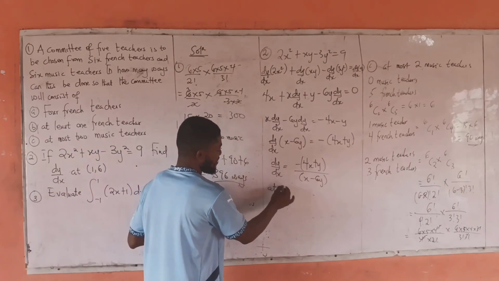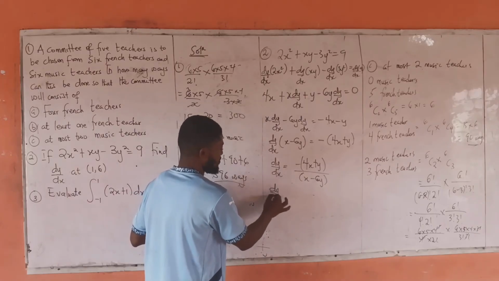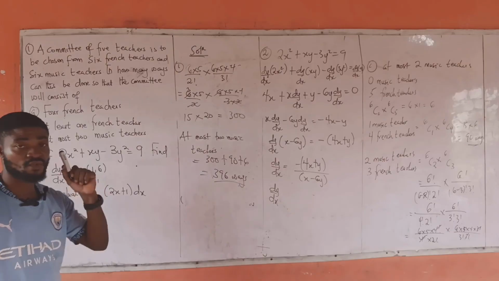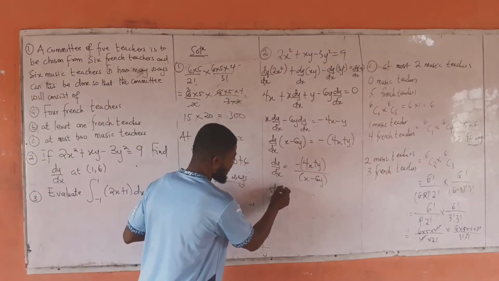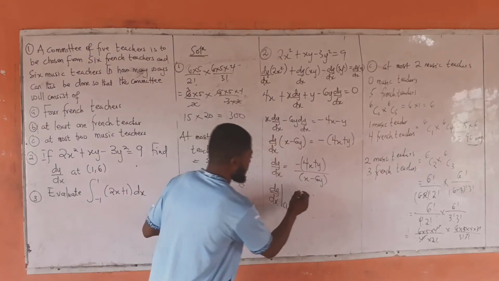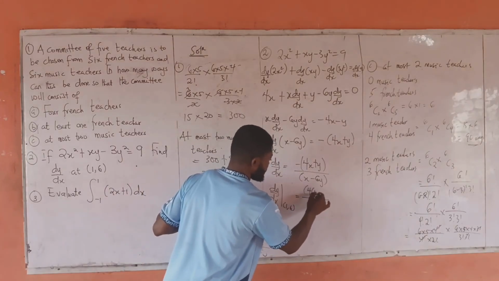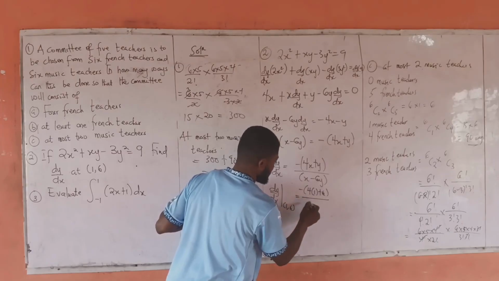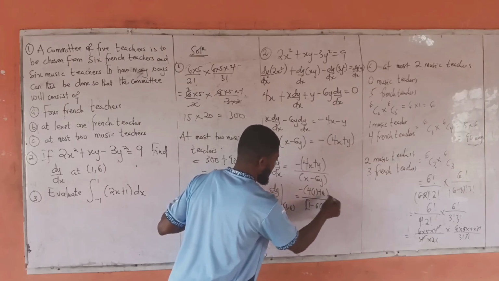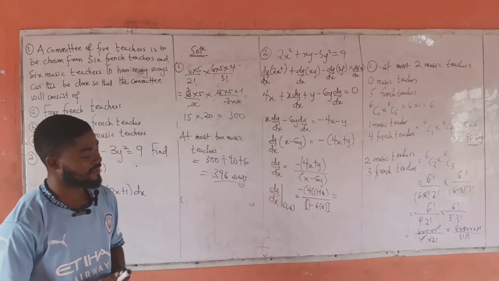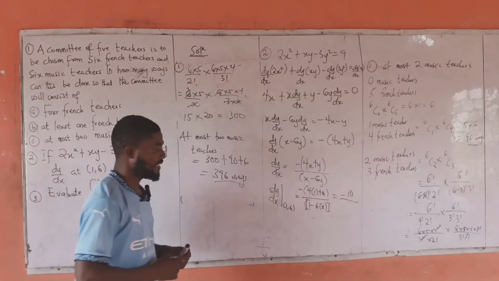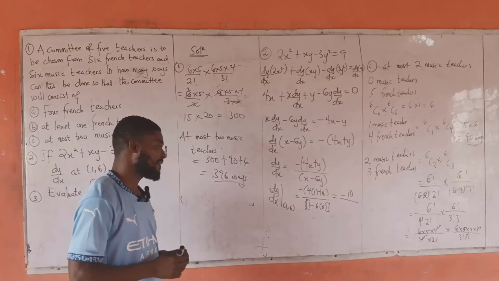Then at the point (1, 6), meaning that x is equal to 1 and y is equal to 6. So the derivative of this at the point (1, 6) should be equal to minus into bracket 4 times 1, 4 plus 6, 10, minus 10 all over 1 minus 6 times 6, which is 1 minus 36.